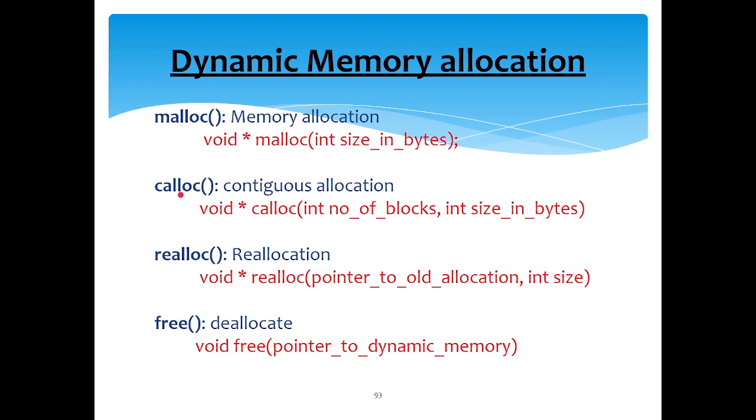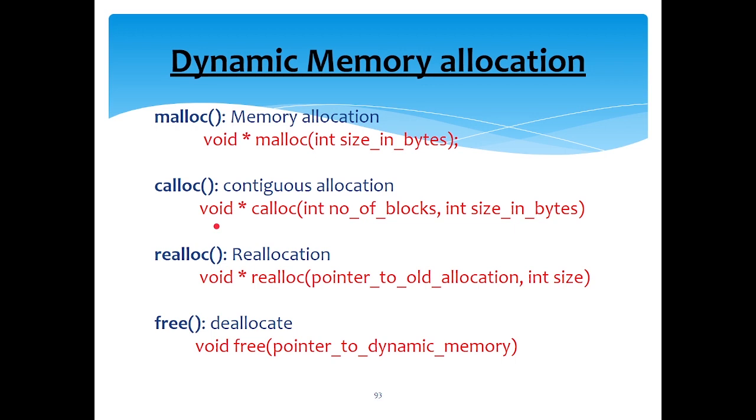What is calloc? Calloc is nothing but contiguous allocation. Contiguous allocation means one after another. Suppose you have 2 slots, first you fill the first slot and then you fill the second slot. That is called contiguous allocation. So what is the basic syntax for it?